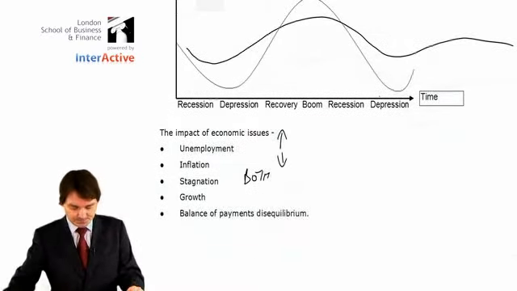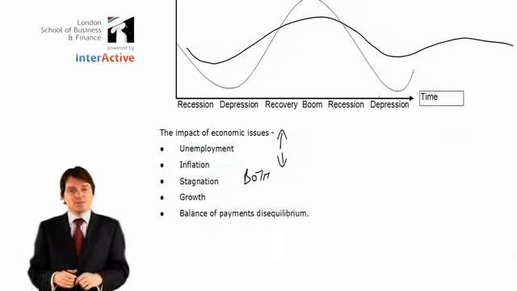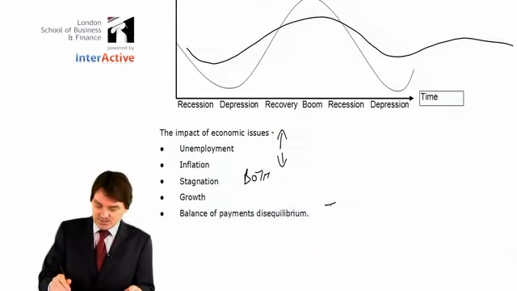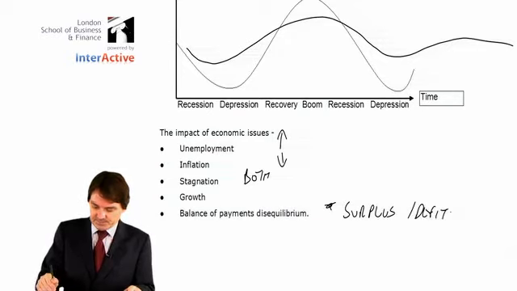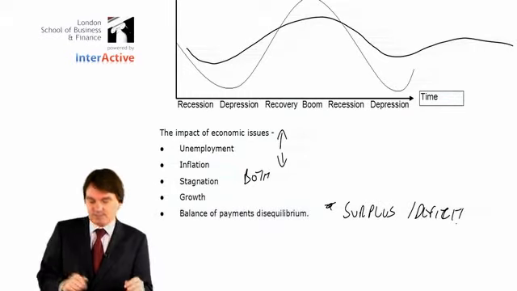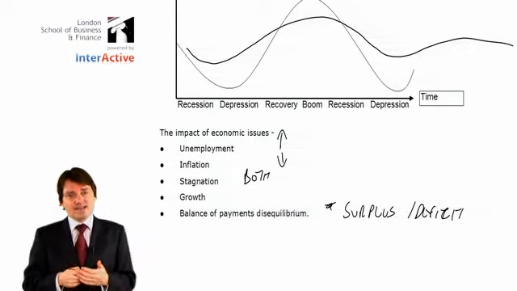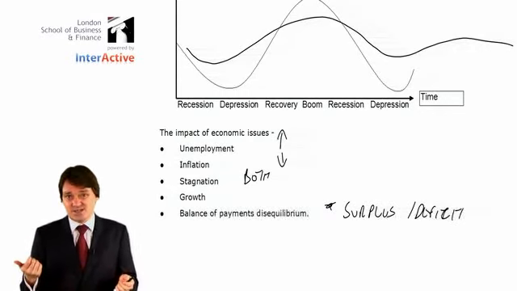And finally, balance of payments disequilibrium, which is a horrible word, but again, it simply means, do we have a surplus? Do we have a deficit? That's all. Now, again, the kind of things to think about in the exam, the way that the examiner will test this is he'll simply say, look, what are these things?